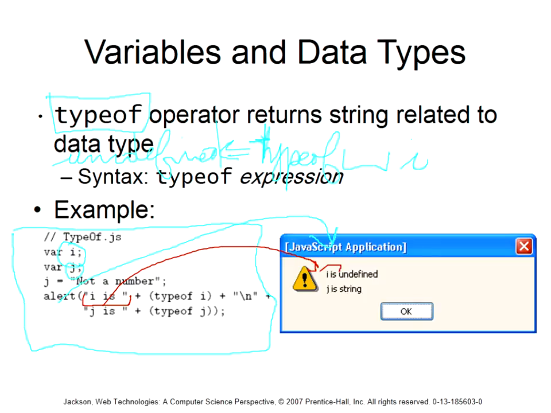After that, plus means concatenation. typeof i returns undefined. j is, typeof j is string. Is it clear? Any questions?